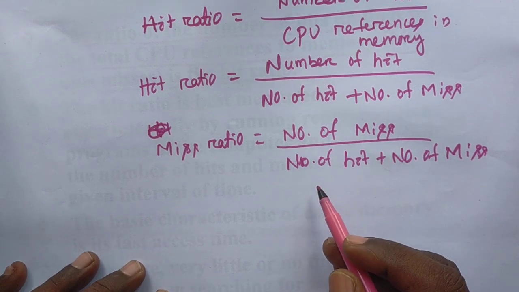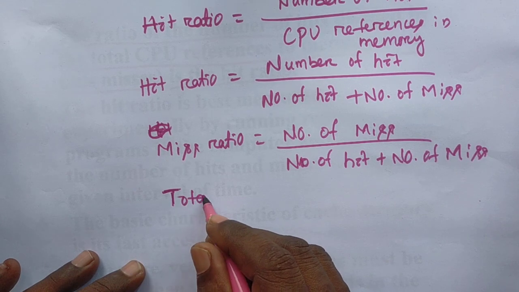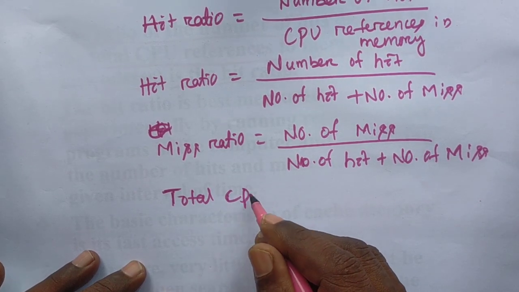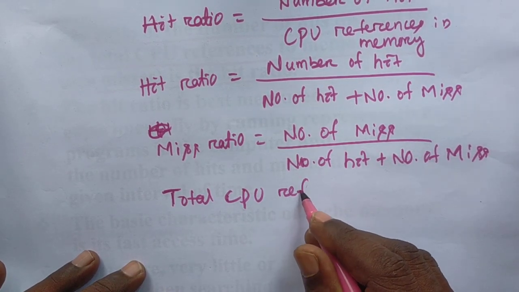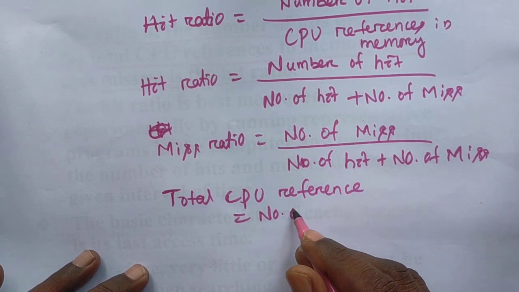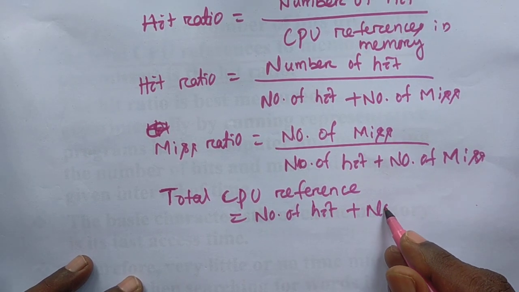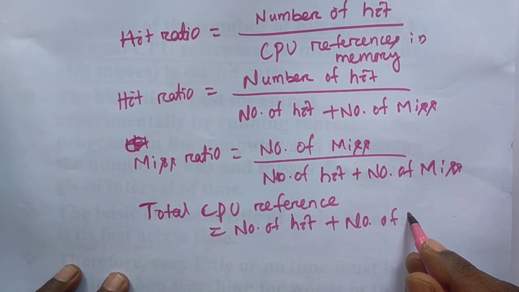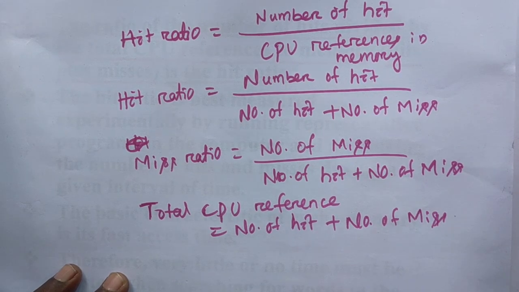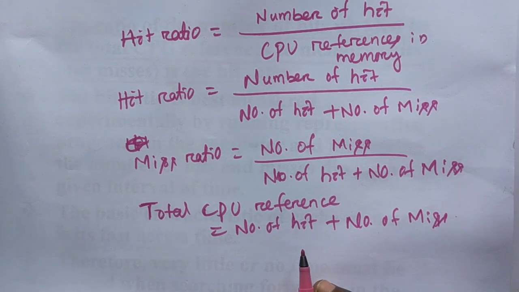So total CPU reference means the number of hits plus the number of misses. Whenever a CPU wants to do some work, it will reference the data.